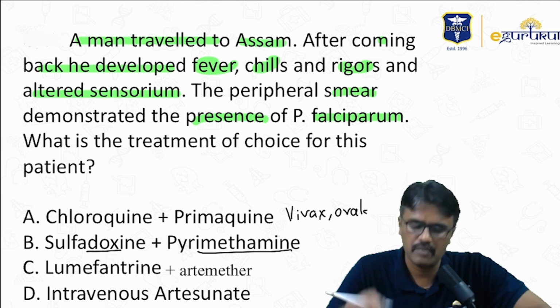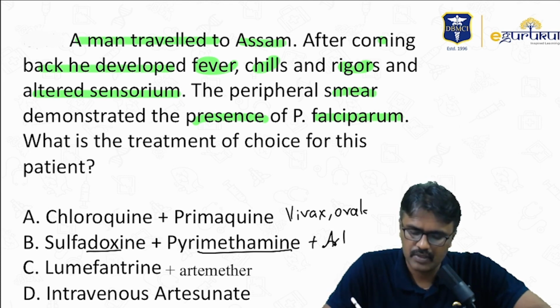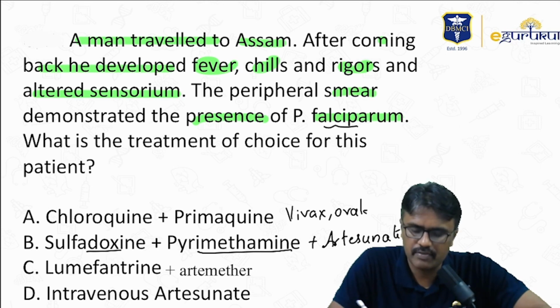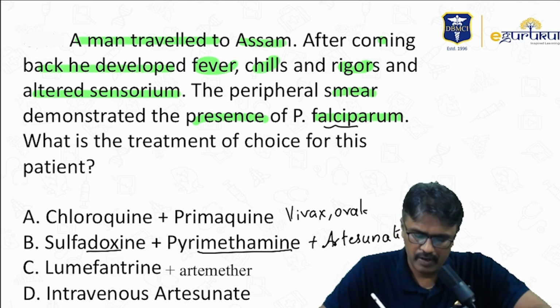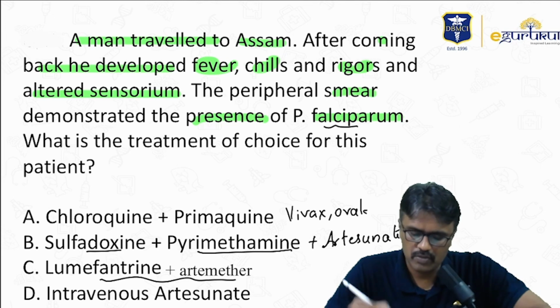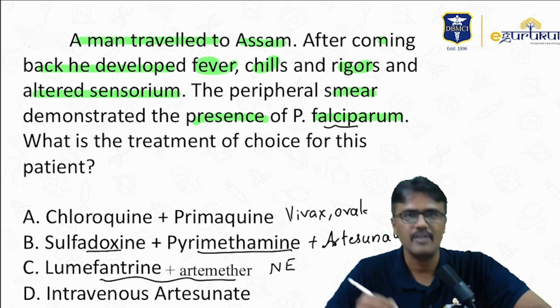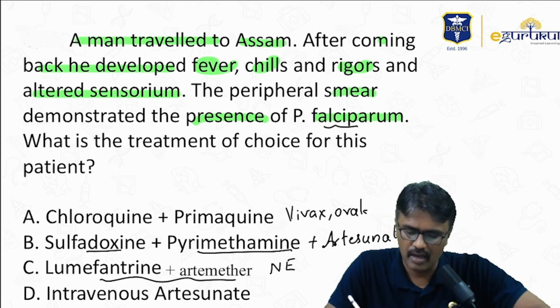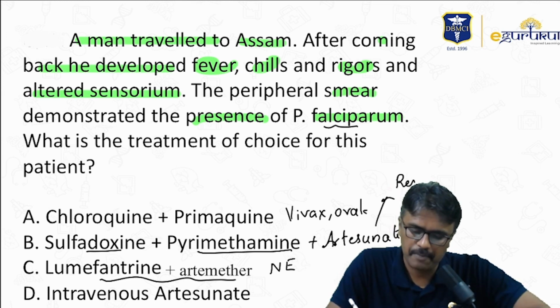They have to be added with artesunate. Then only can we use artesunate combination therapy for falciparum malaria. Lumefantrine plus artemether, yes, this can be used, but this is approved in northeastern states. And sulfadoxine plus pyrimethamine is approved in the rest of India along with artesunate.